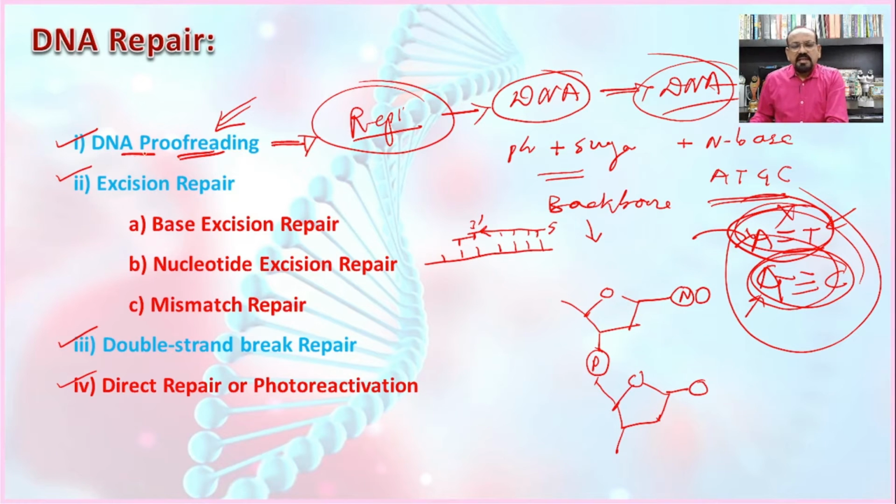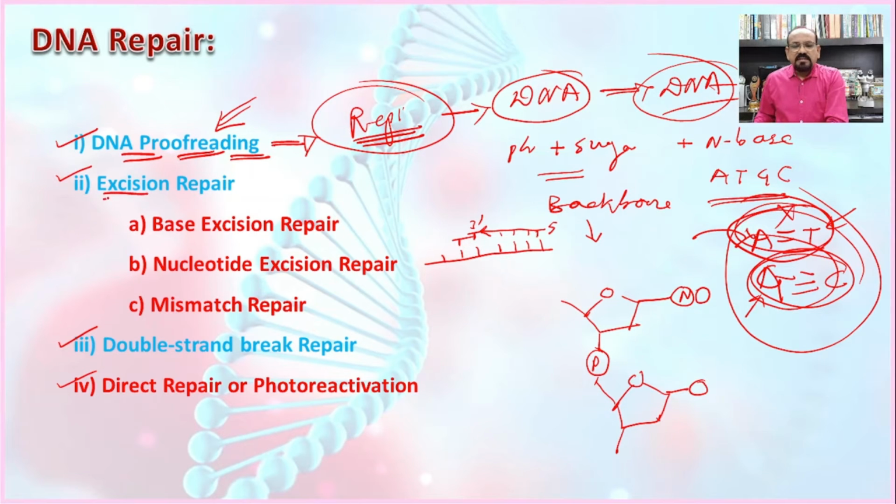If they are mismatched or the correct nitrogen base is not there, it is removed and replaced by the correct nitrogen base or nucleotide. Such proofreading is carried out during DNA replication or DNA duplication.